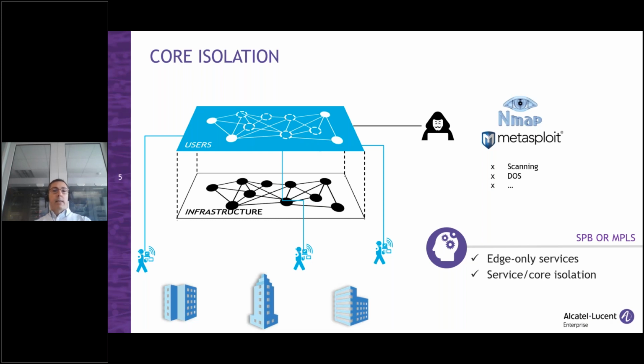This is clearly an advantage from an operational standpoint. So the core can concentrate on doing what it does best, which is forwarding traffic as fast as possible. Second, the core is also protected from the customer traffic because customer traffic is running on a logically separate plane.